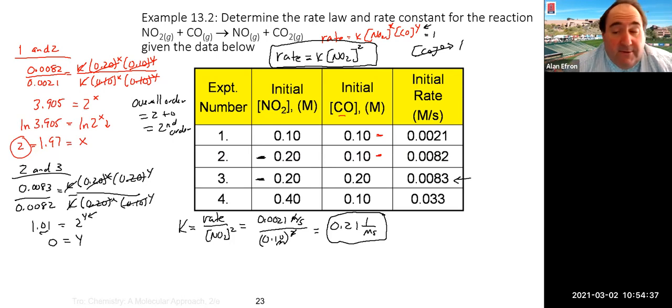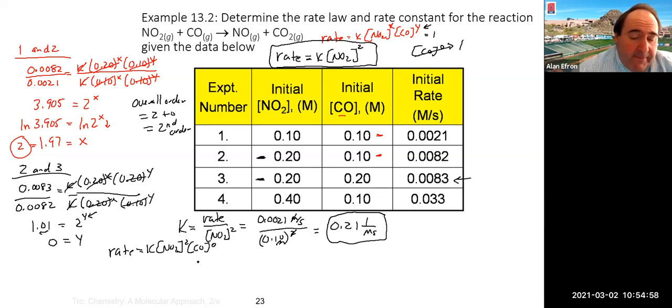So you may say to yourself, well, all right, so just to sort of explain to you what these orders really mean. Technically, if we look at our rate law here, our rate is equal to K NO2 squared, and I'll put in the CO to the 0. What will these orders be, and how will they affect the rate of the reaction?